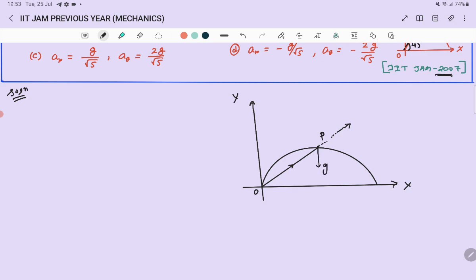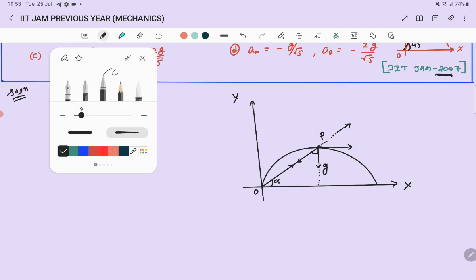So this is G. The radial component of G is along this, and the transverse component of G will be along the tangent. If this angle is alpha and this is 90, then this angle will be 90 minus alpha.